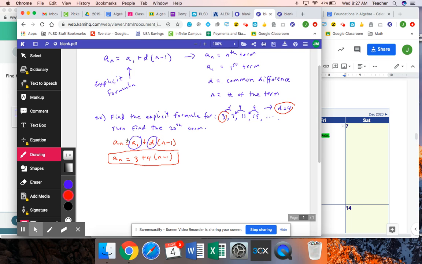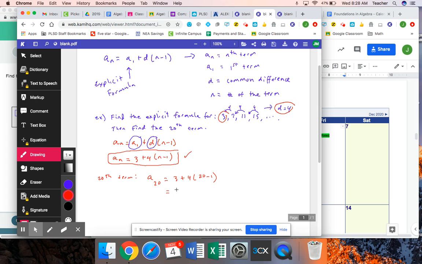Now this question goes a little further, and it says, first find the explicit formula, check, then find the 20th term. So the 20th term, that means a sub 20, because I want n to be 20. So I'll do 3 plus 4 times, instead of n, 20 minus 1.